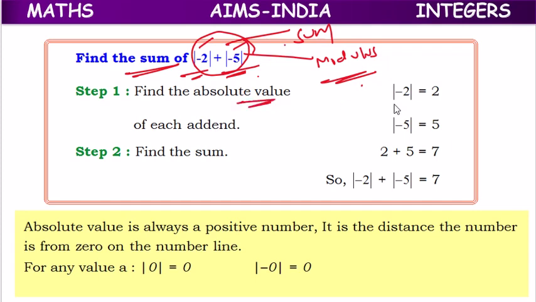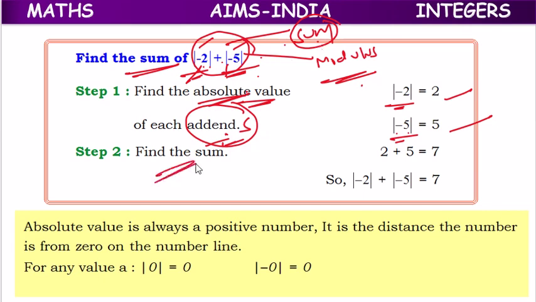So the absolute value of minus 2 is 2, and the absolute value of minus 5 is 5. These two are considered as addends. We have to find the absolute value of the addends, then find the sum. Now the sum: 2 plus 5 is 7.